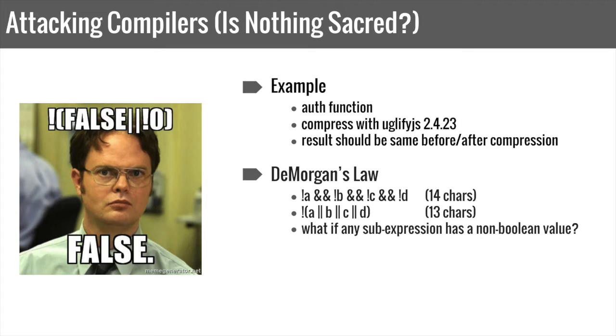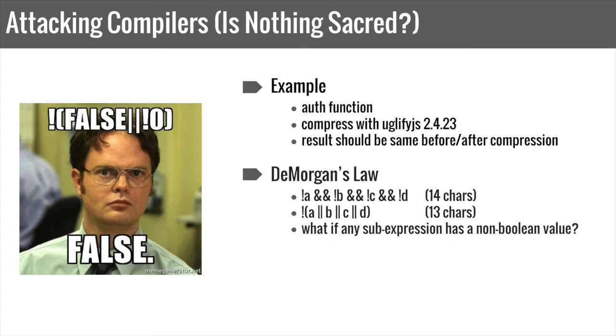So she went after Uglify.js. She went on their GitHub repository and looked through some of the issues there for bugs and tried to find a bug that would be good to exploit, such that you could insert something into a victim's code base that once compiled would change what's going to happen when you run the code.